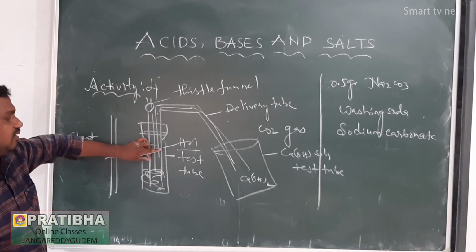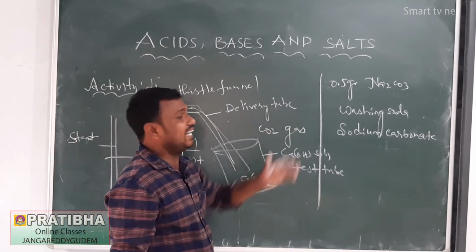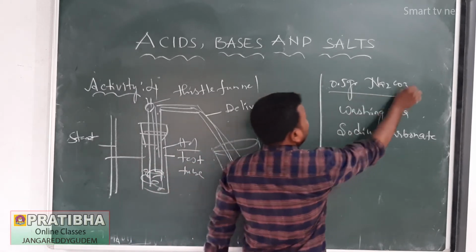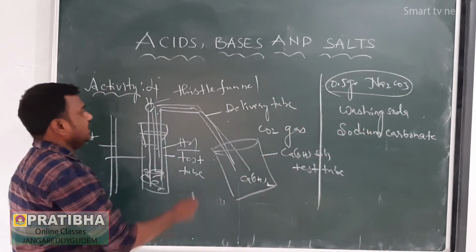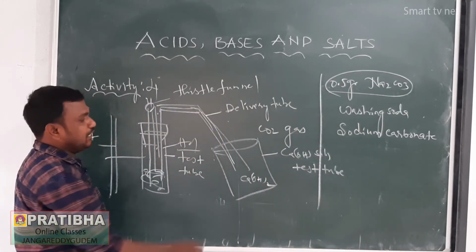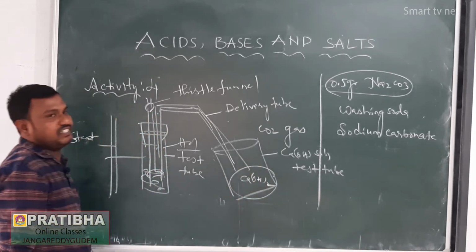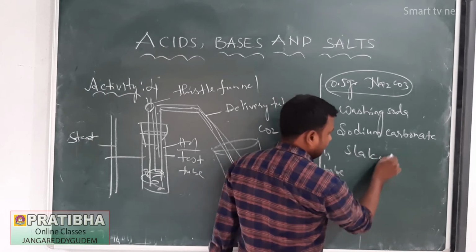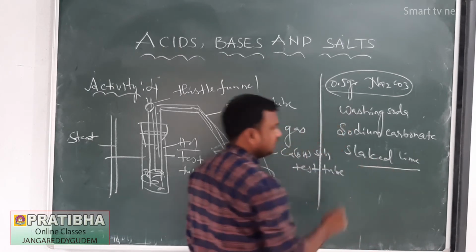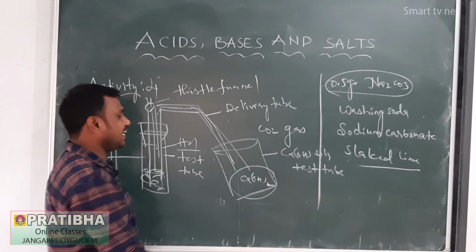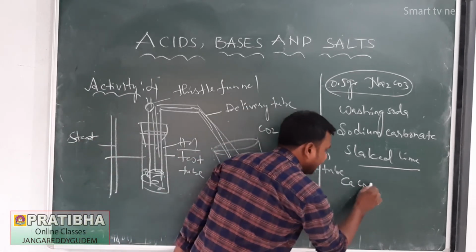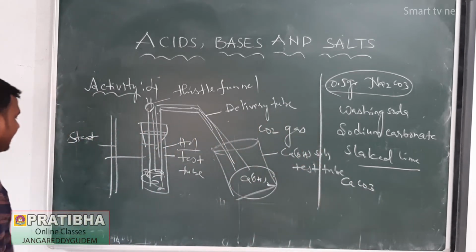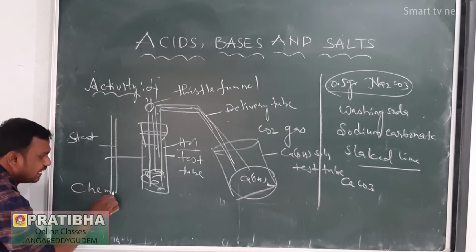After that, we can send the liberated colorless CO2 gas into the Ca(OH)2 solution, means slaked lime. After that, we can get CaCO3. Here we write a chemical reaction for this activity.